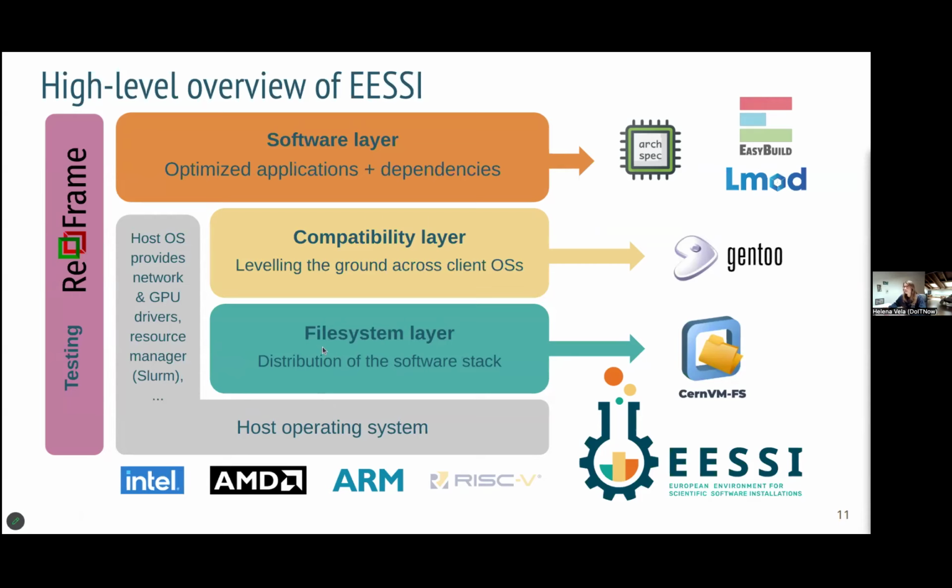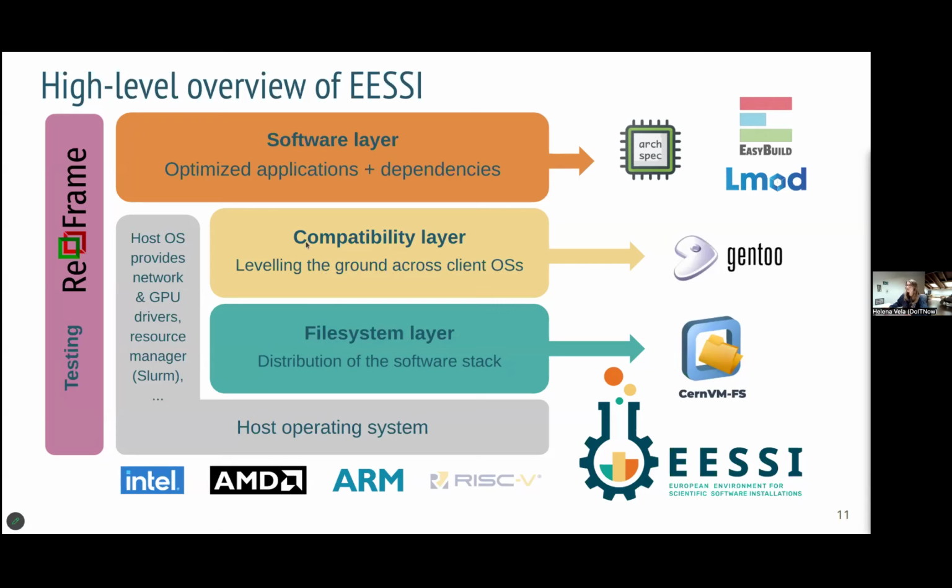This is where the files of the software stack are distributed via CernVM-FS. And on top of it, we have the compatibility layer that runs on Gentoo. And yes, it's technically an operating system too, but we use a very minimal installation located in a particular prefix. So this way we can compile the AppStack with all apps pointing to the same glibc and other system libraries. Again, I will show that in depth later.